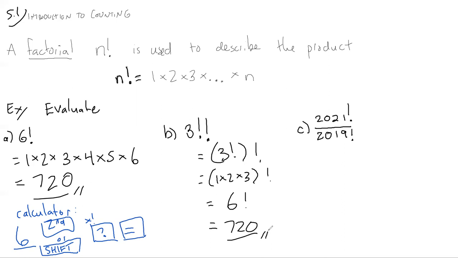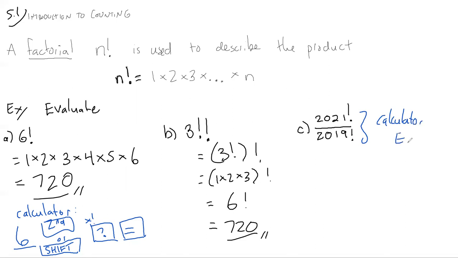So that one, you could probably just punch that whole thing right into your calculator. You could plug 3 exclamation mark in there and it will give you this answer. If you try the next one in your calculator, you will probably get an error. I tried it, so it doesn't work. It is certainly worth noting that.